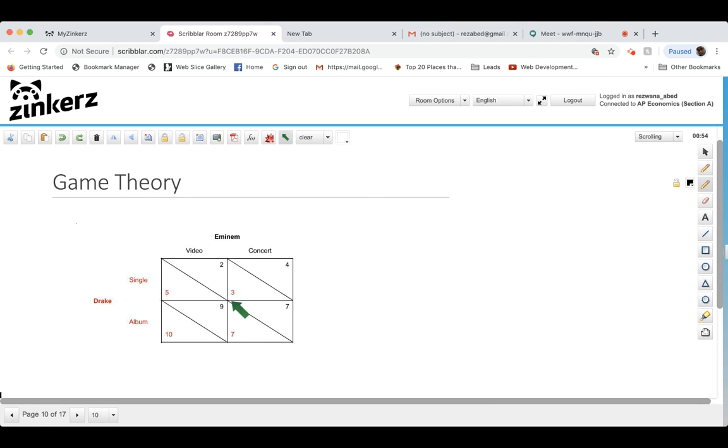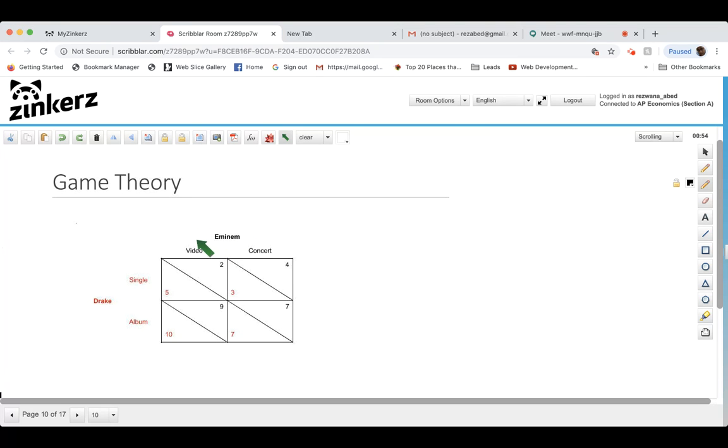Those are his results. If I am Drake and trying to decide whether to produce a single or an album, I also have to take into account what Eminem is doing. Let's say I have some intel and I know that Eminem is going to do a video.